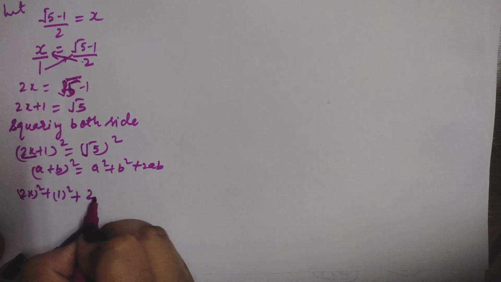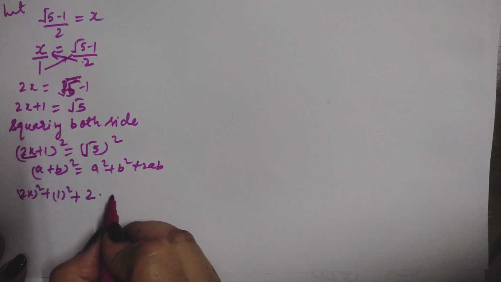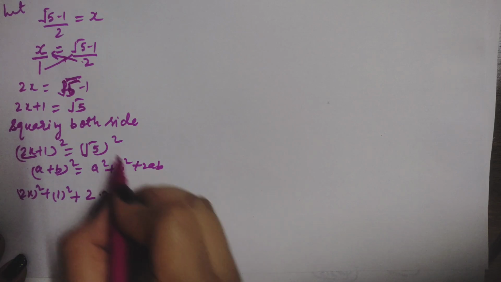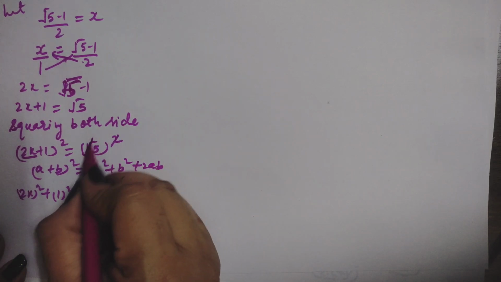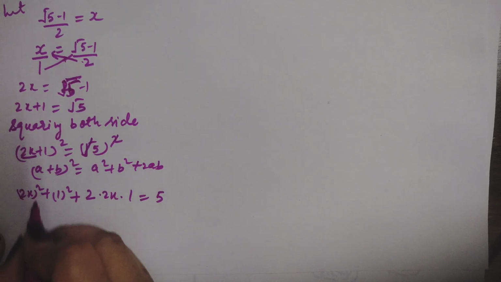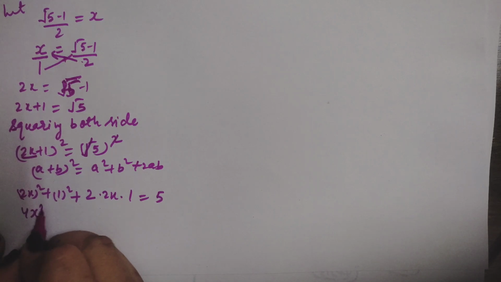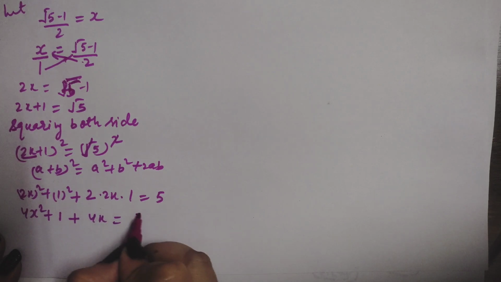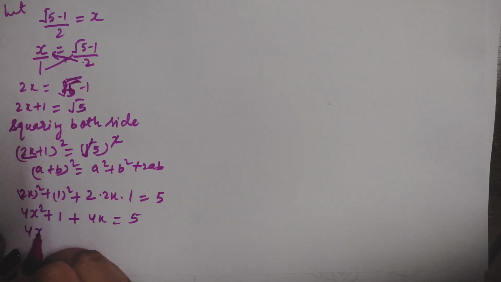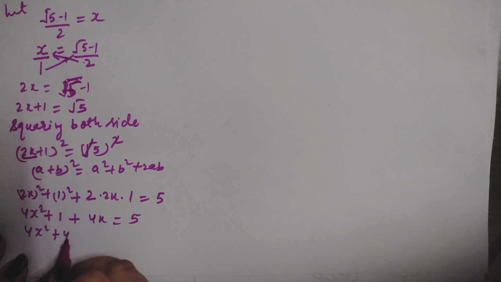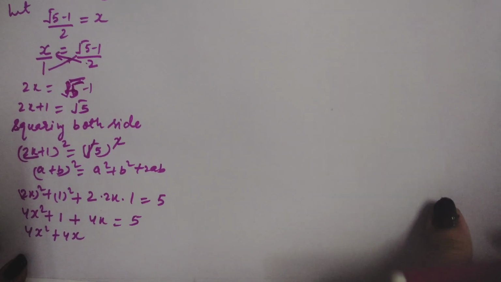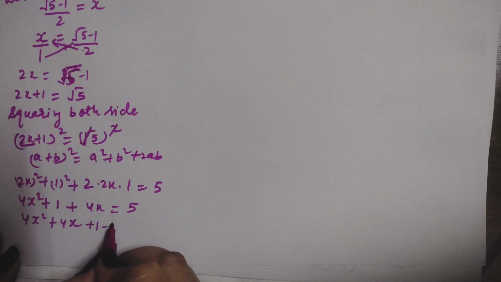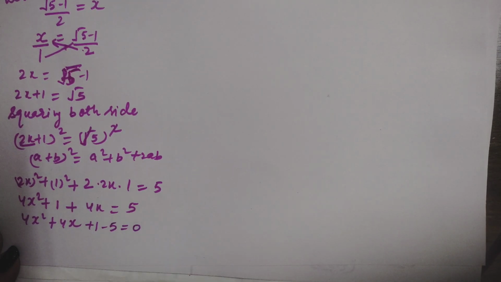On the right hand side, the root and the square cancel, so 5 remains. So 2x square is 4x square, 1 square is 1, and 2 into 2x into 1 is 4x, equal to 5. Now we write in the standard form of a quadratic equation: 4x square plus 4x plus 1 minus 5 equals 0.